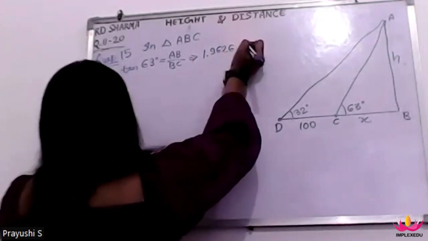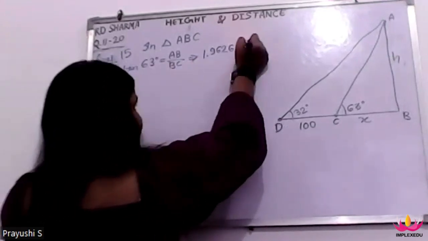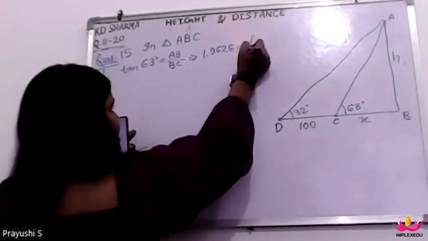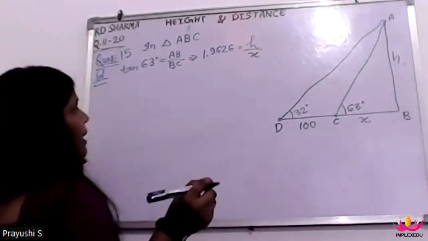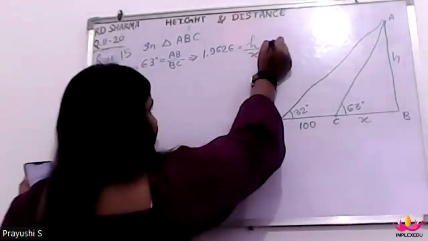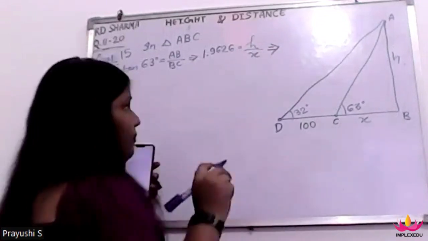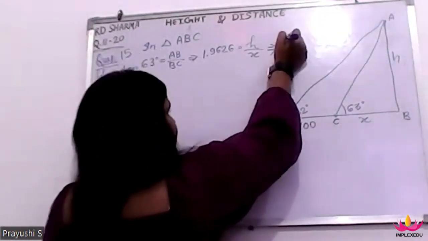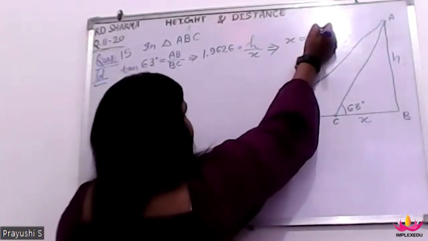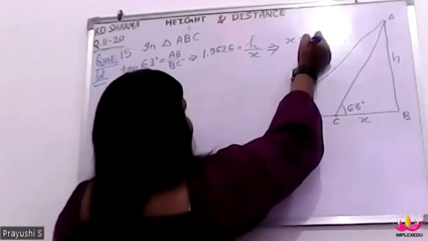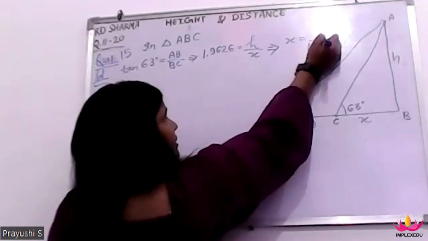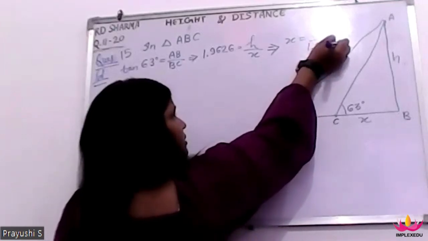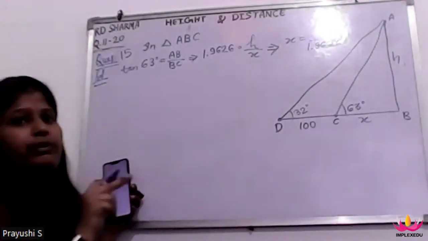The value of AB is H and the value of BC is X. From here we will get that X is equal to H upon 1.9626.